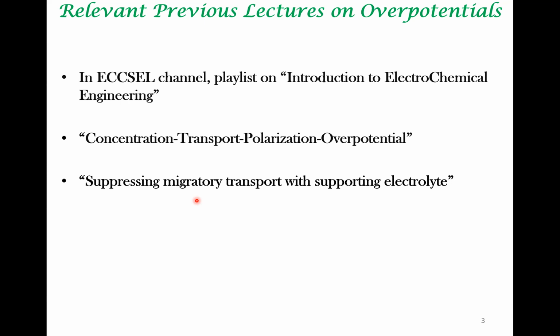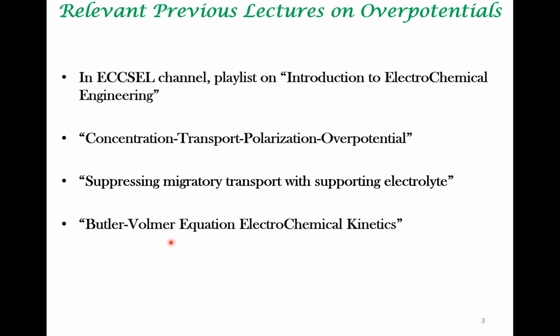In most common batteries you may not, though you may still have forced convection in, let's say, redox flow batteries. But in most common batteries, all you need to worry about is diffusion and migratory transport. These are all technical terms, so you have to go back and look at these lectures to refresh your knowledge of these factors.